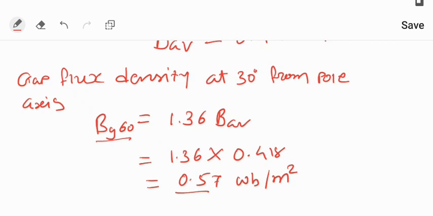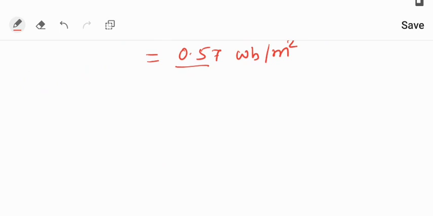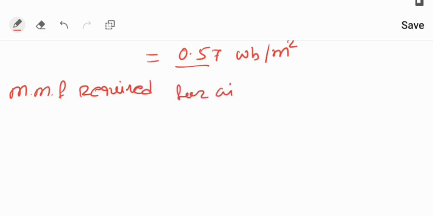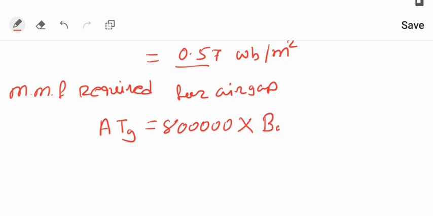Then we will find the MMF required for air gap. The MMF required for air gap, ATG, is equal to 80,000 into BG60 into kg into LG.